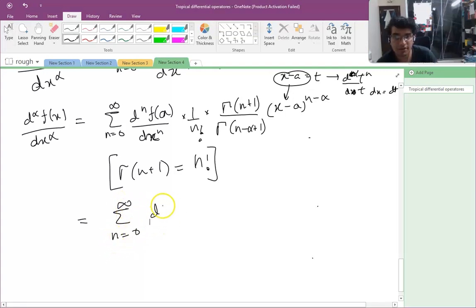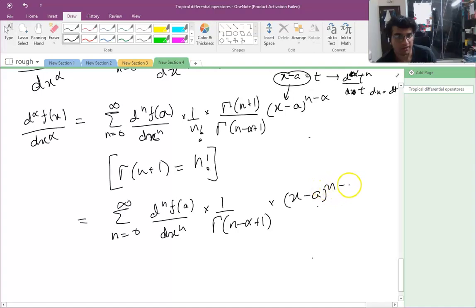It's equal to dn f of a by dx n, into 1 by gamma of n minus alpha plus 1, into x minus a to the n minus alpha. So this is how you take the fractional derivative of a function using Taylor series.